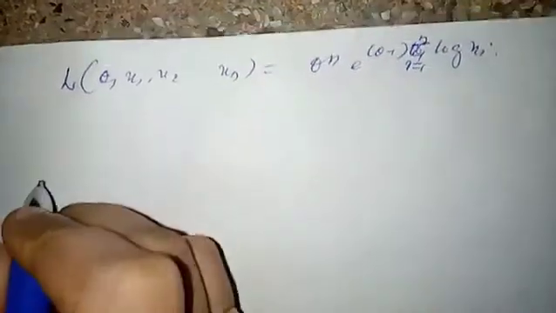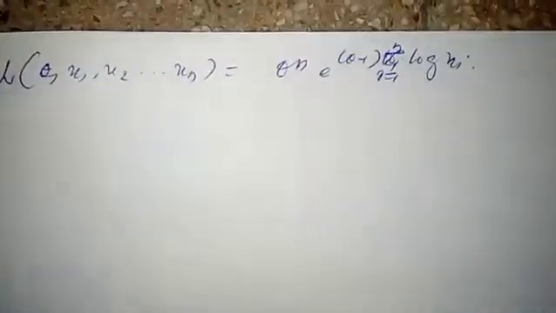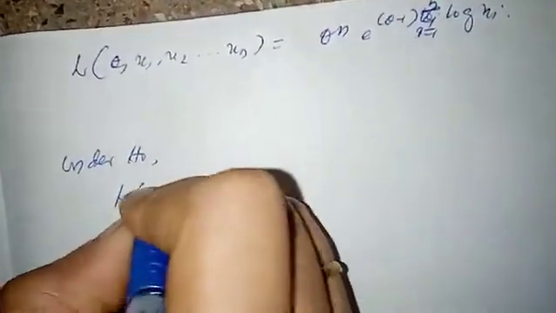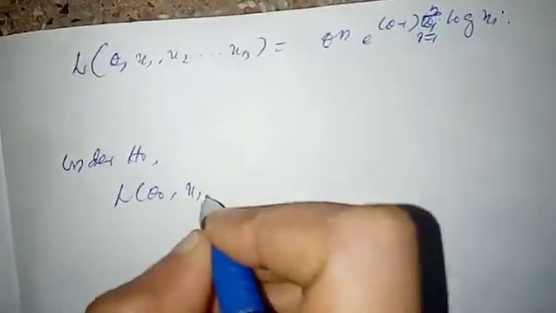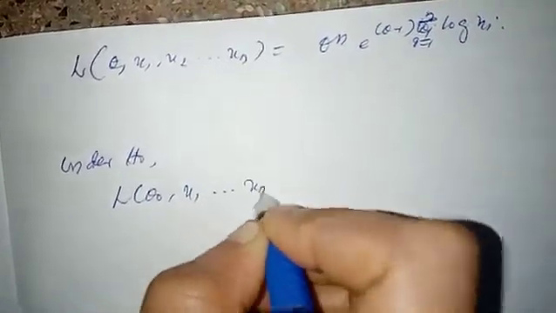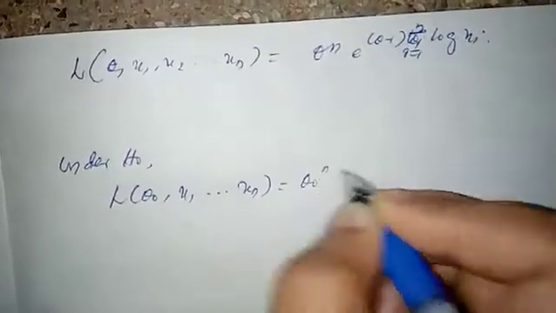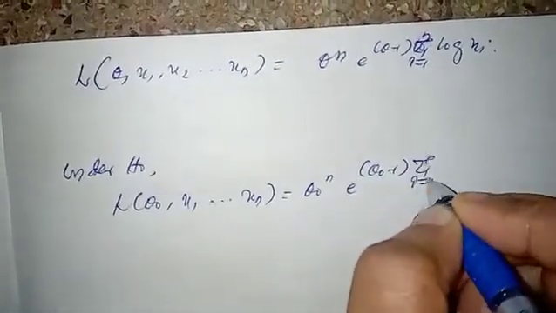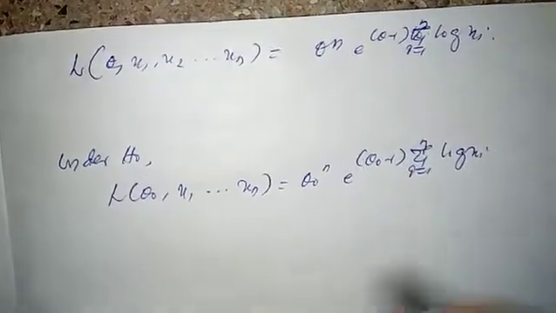In this case we have to take the ratio of likelihood. That is under h naught, likelihood theta naught, x1 so on xn, equal to theta naught power n e power theta naught minus 1 summation i 1 to n log xi.